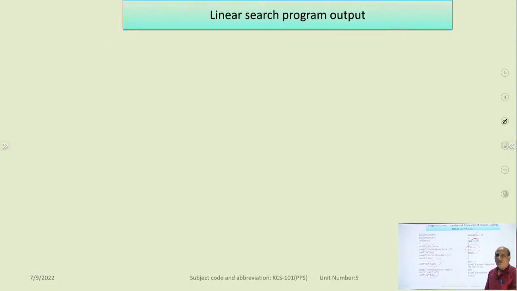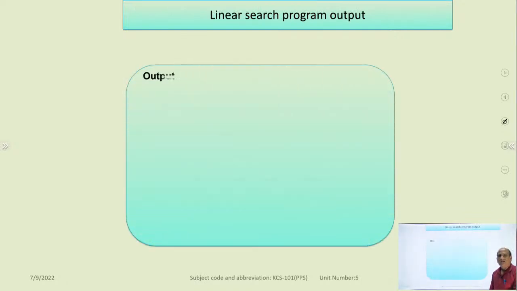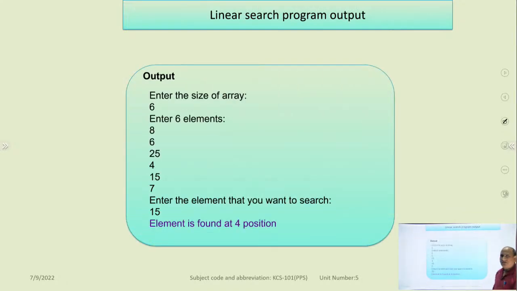Now let us understand what will be the output of this code. We have entered the size of the array as 6, and these 6 elements are input as 8, 6, 25, 4, 15 and 7, and the element that we are looking for is 15, which has been stored in the m variable.